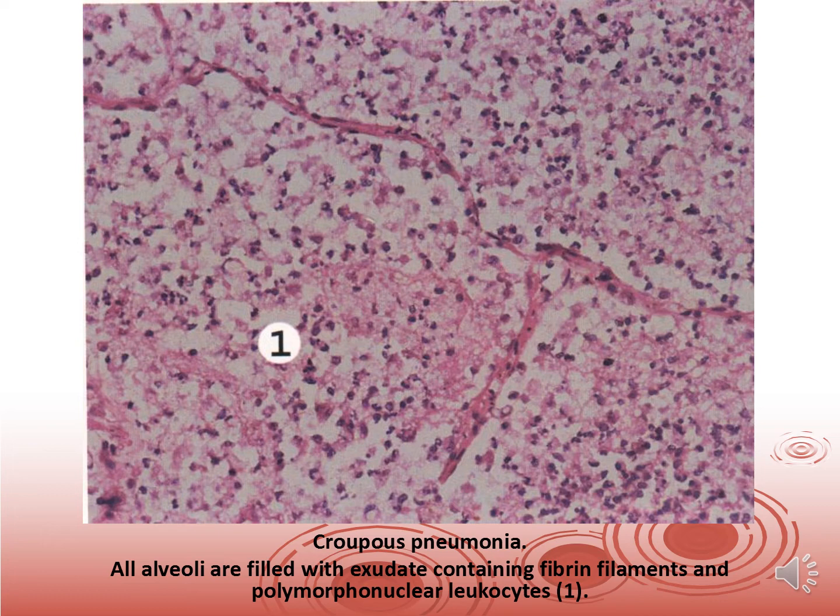Here you see the microscopic picture of the tissue sample of the lung of patient with Croup pneumonia. And you see here few alveoli divided by interalveolar septa, and all alveoli are filled with exudate containing fibrin filaments and polymorphonuclear leukocytes.